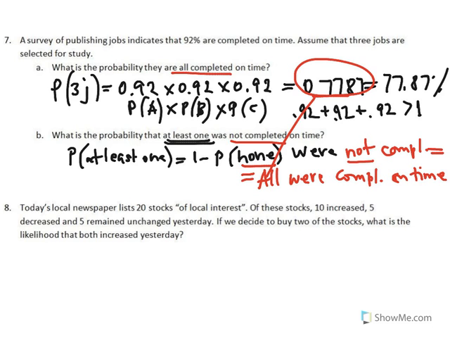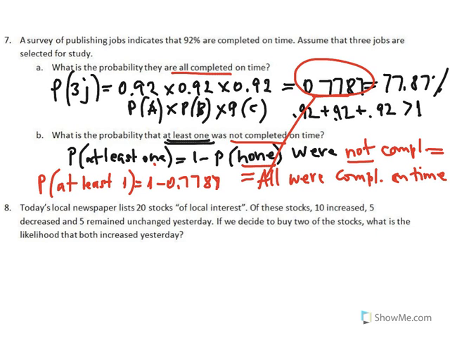Okay, so now we would find out the probability of at least one, right? Probability of at least one will be 1 minus 0.7787, because the probability of none were not completed is the same thing as the probability of all were completed.